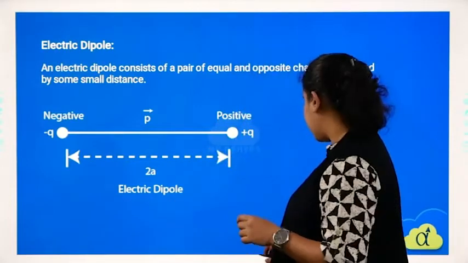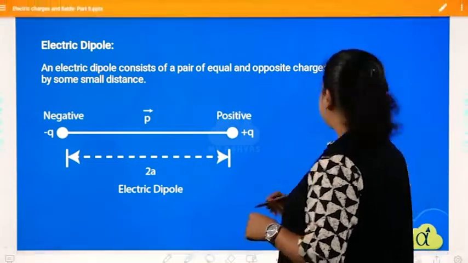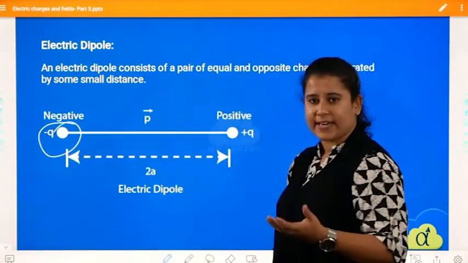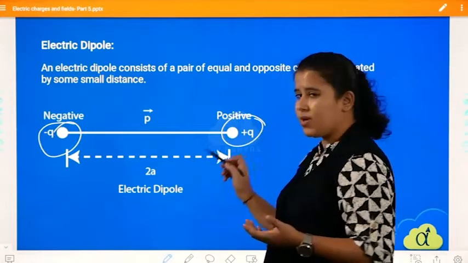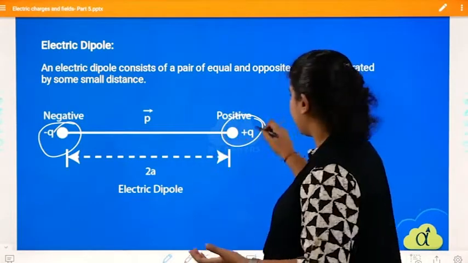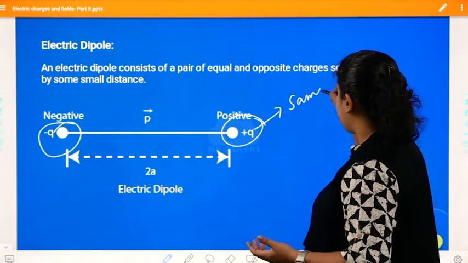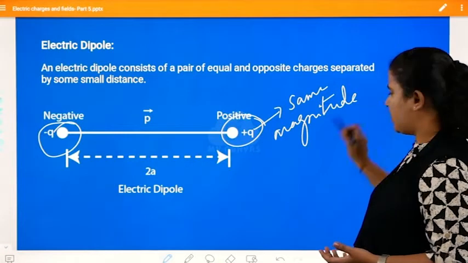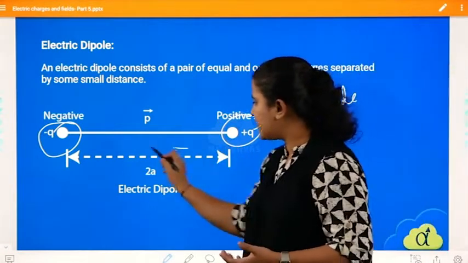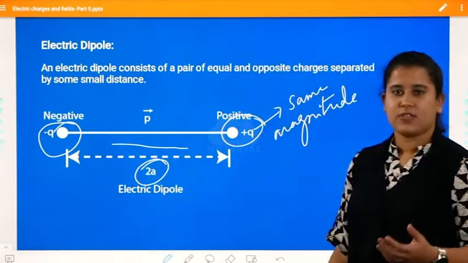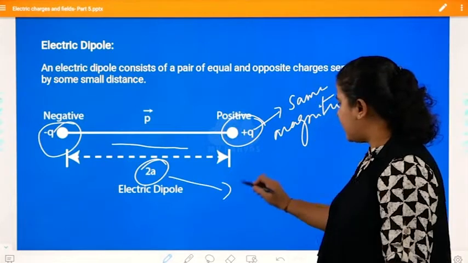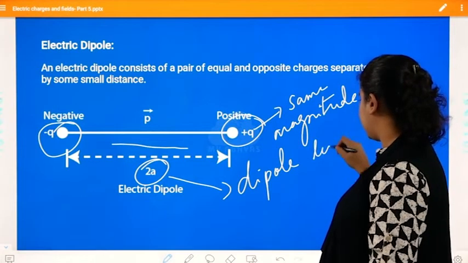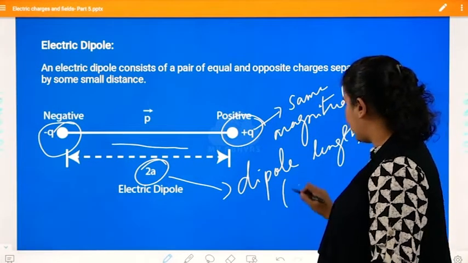Here you can see the diagram where I have given a minus Q charge in this negative direction and this is plus Q. Both have the same magnitude, but the distance is 2a. This is the dipole length, a small distance, which will be 2a.